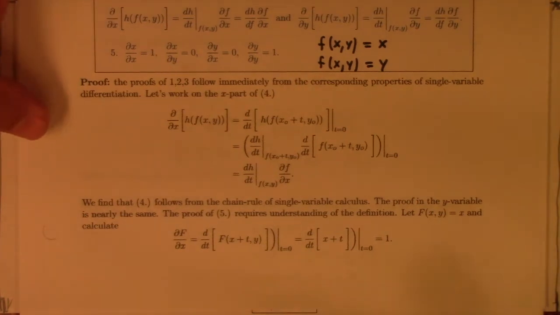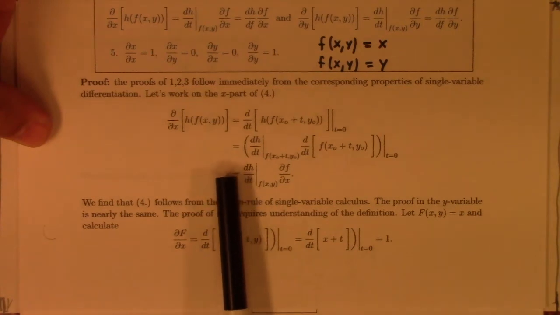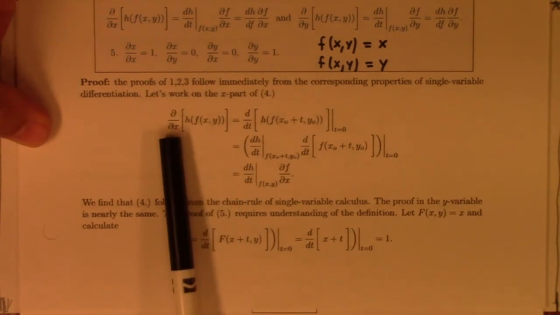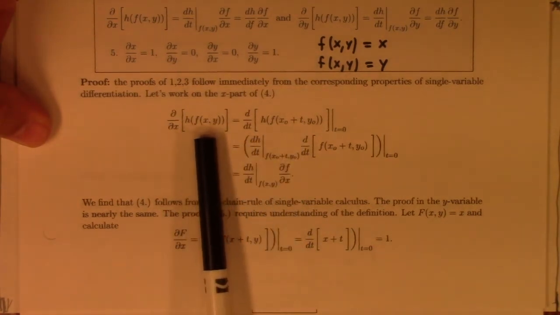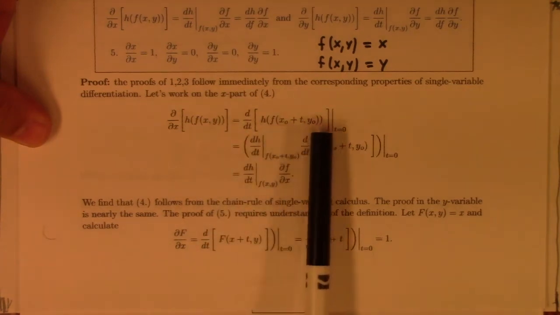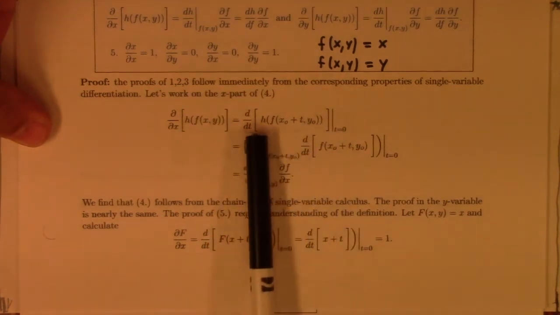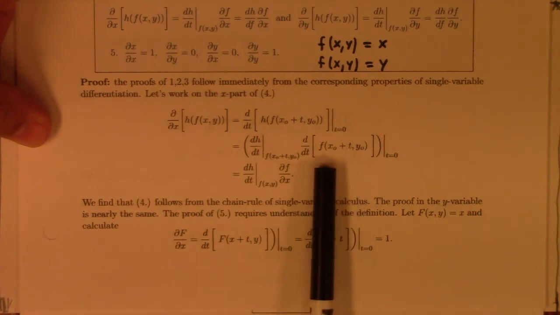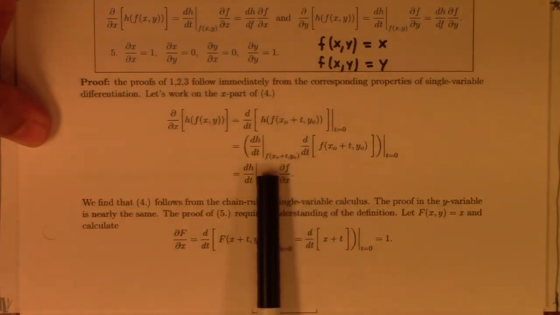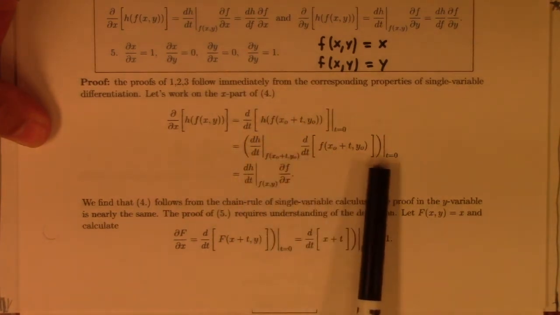Anyway, here's the proof of the chain rule. Basically, partial x says I take the function in question, I vary the x component but not the y component, and I differentiate. So by the rules of calculus 1 and the ordinary chain rule, I get this.